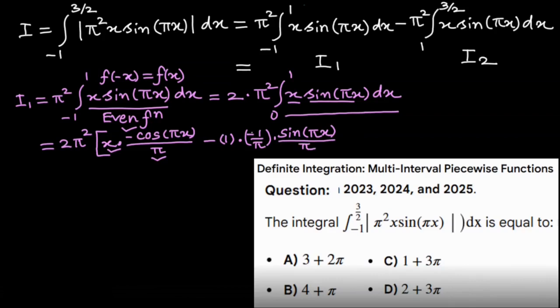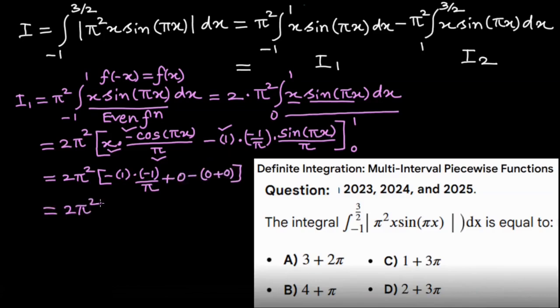That will be all because derivative of this 1 onwards will be 0. From 0 to 1, 2 pi square into minus 1 into cos pi is -1 upon pi. Minus into minus will be plus. Sine pi is 0, minus 0 plus 0. 2 pi square into 1 upon pi. I1 will be, cancelling 1 pi, 2 pi. So let's write here I1 is 2 pi.